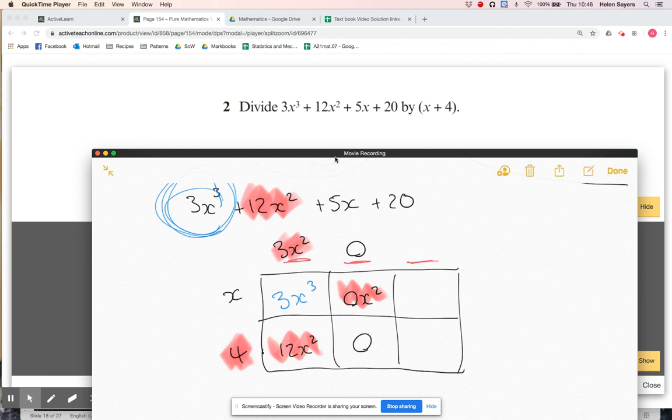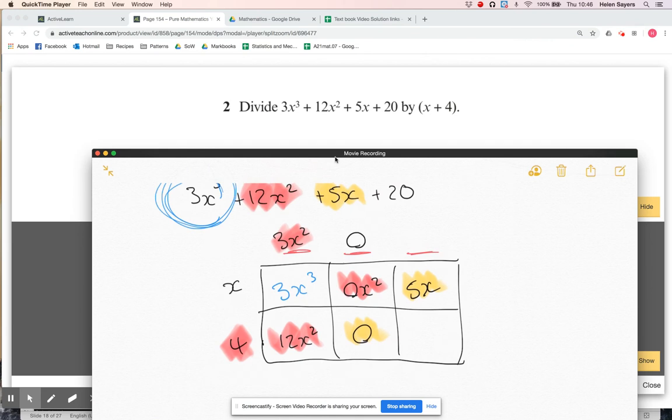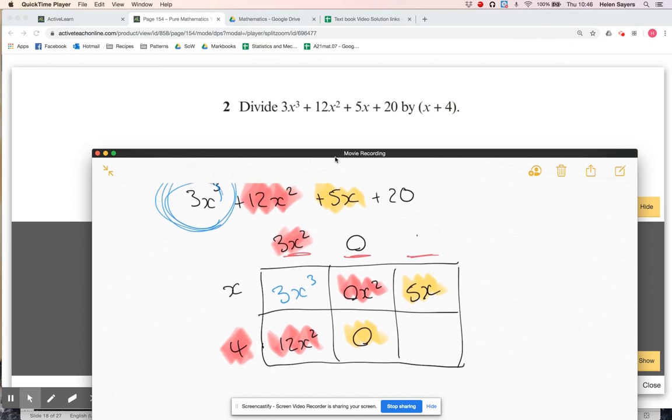These two boxes are going to contain my x term, and my x term should be 5x. So 0 plus 5x gives me 5x, and if I need that to be 5x, I need that to be 5, and then the 5 times 4 does give me the 20.